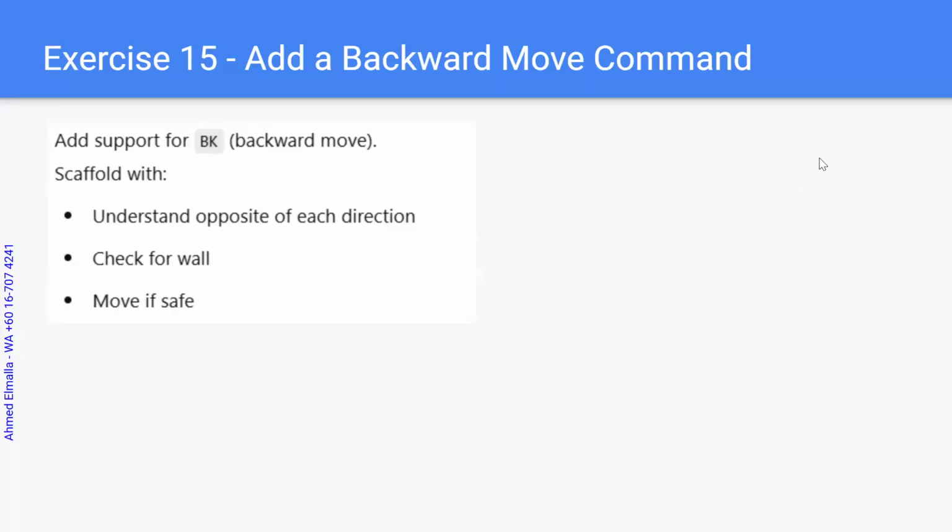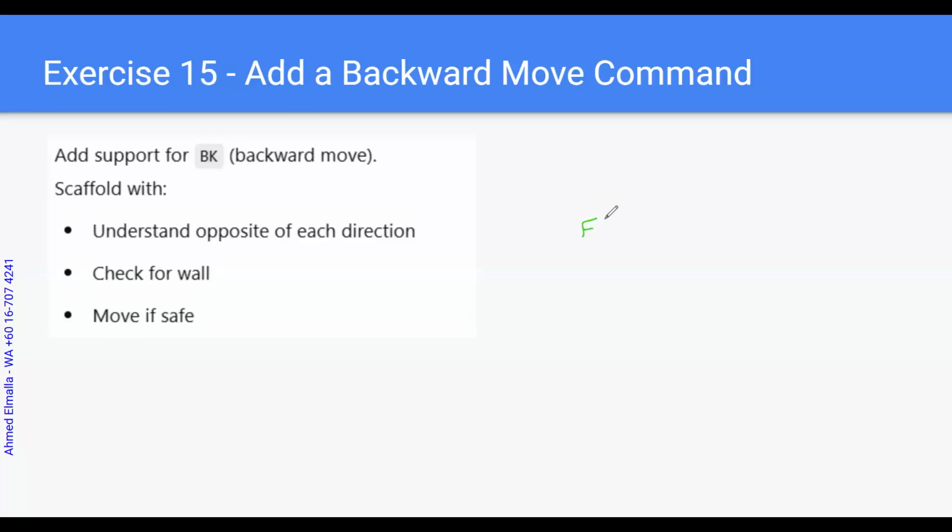So most of the time you have a command that's called move forward. I would like you to implement another command that is moving backward. You should always follow the same style that he's using.